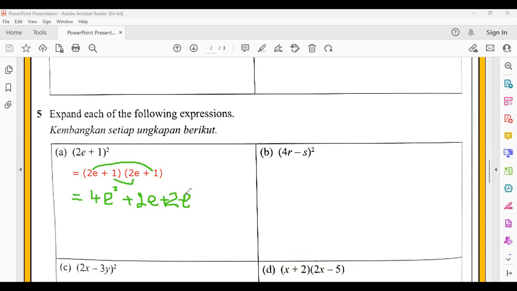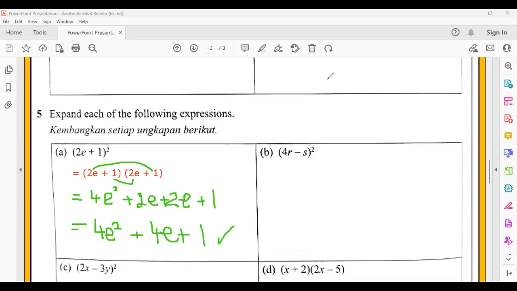And finally, you're going to have 1 times 1, and that's plus 1. And then the like terms are going to be grouped together. So this is 4e squared plus 4e plus 1. This is the simplest algebraic expression. Durgashini, well done. Gloria, well done. Fatin, well done. Natasha, are you okay?